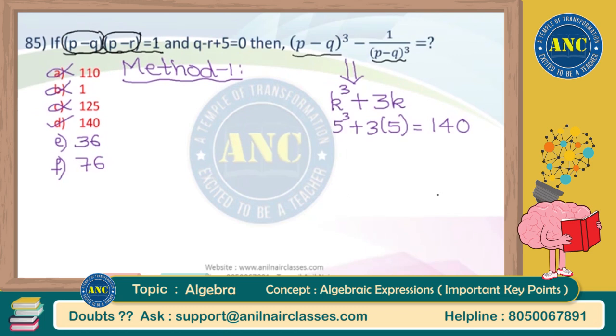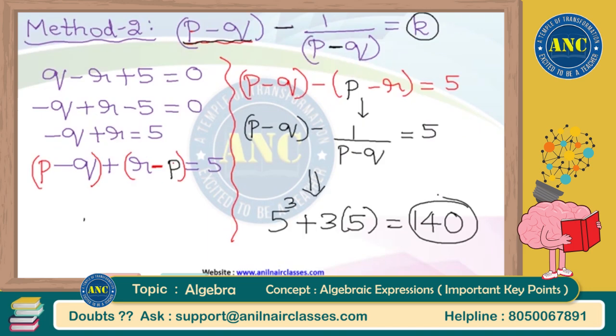But as I told you, method 1 is the best method to be implemented in this question for the given options. But what if I have more than one option of the form k cube plus 3k? This method 2 will play a very handy role in getting the answer in the easiest way possible, and you should know how to manipulate the given equation according to our requirements.